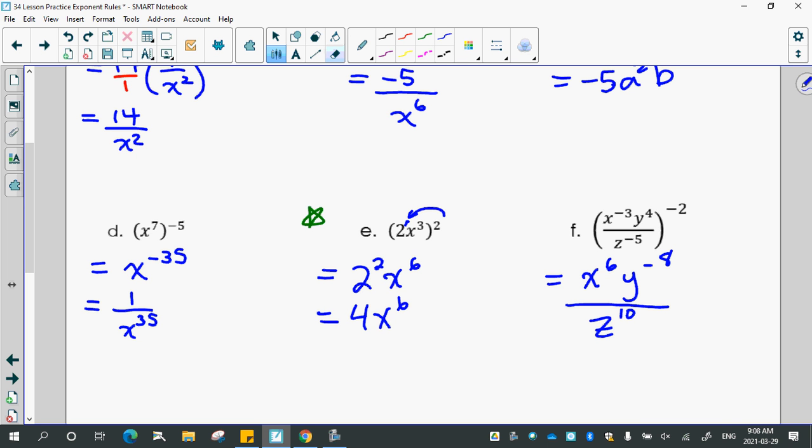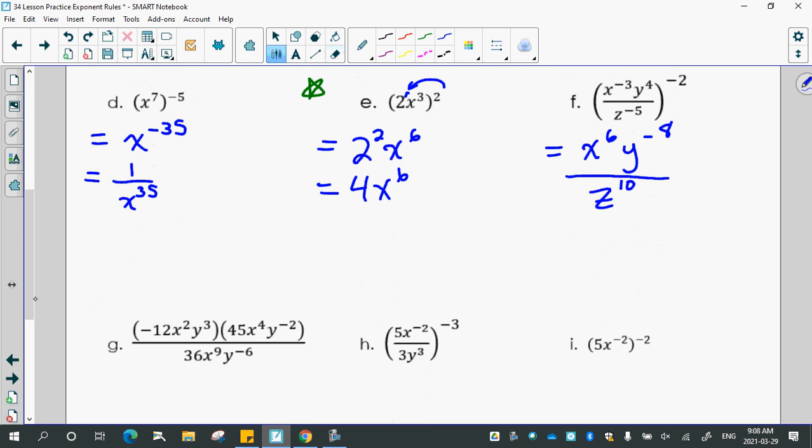Now I would ask myself, the exponent on this one is positive, so it's fine where it is. Exponent on this one's negative, it's not okay where it is. Exponent on this one is positive, it's okay where it is. Everyone good with that thinking? As long as you've got a positive exponent, you're fine.